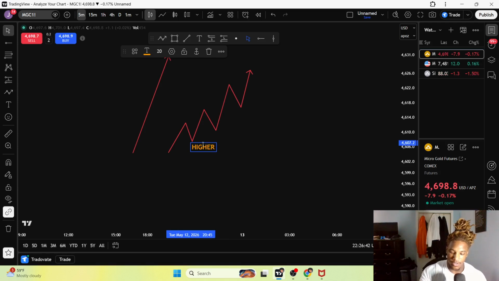higher low, right? Higher low. That is, in definition, a low that is higher than the previous low. So boom, this is a higher low, right? I'm actually going to just abbreviate it. I'm going to just say HL for higher low. I'm going to move this over here.